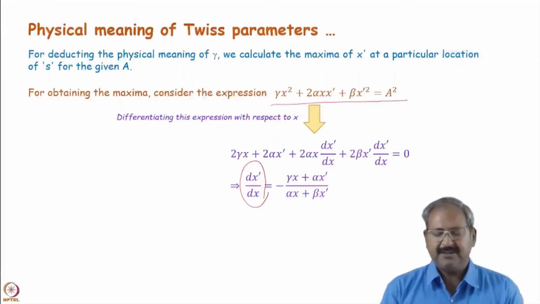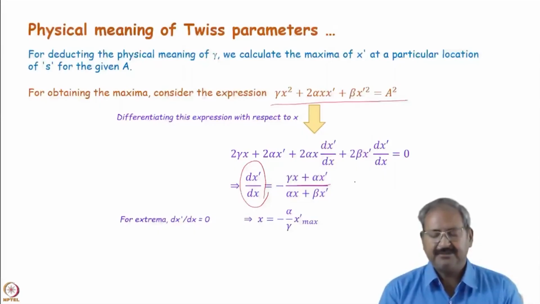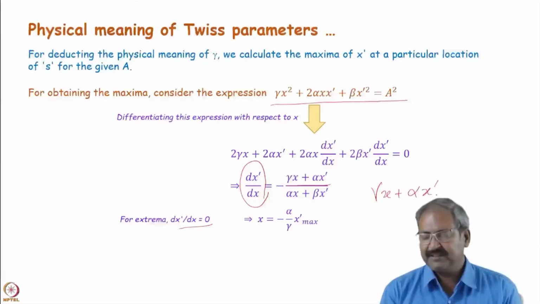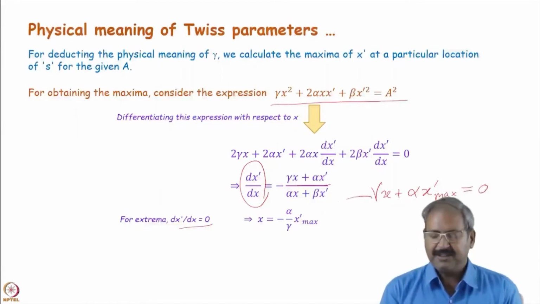This is a simple calculation. So gamma x plus alpha x prime will be 0 when we equate dx prime by dx to 0. This is the maximum value of x prime because we are equating the first derivative to 0. Using this equation we will get this. So what is the value of x at the location of x prime max? We obtain this.